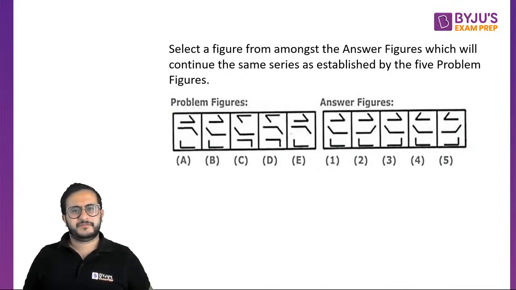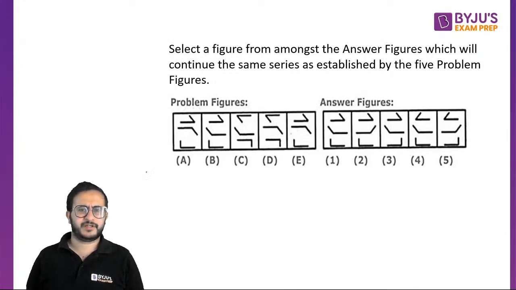Select a figure which will continue the same series as established by the 5 problem figures. So we are given a series of images A, B, C, D, E. Which figure will continue the series?